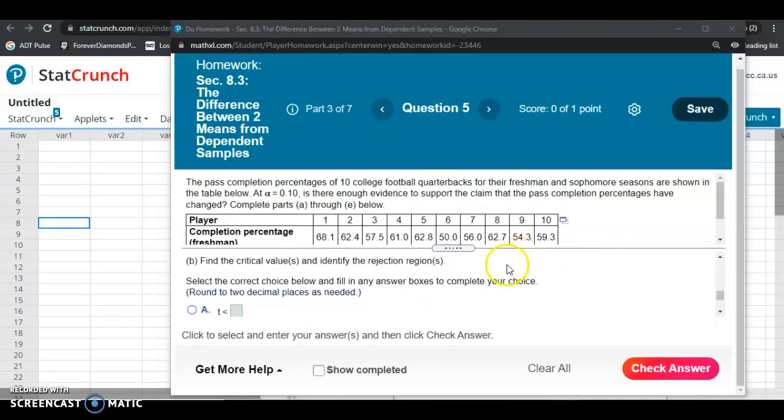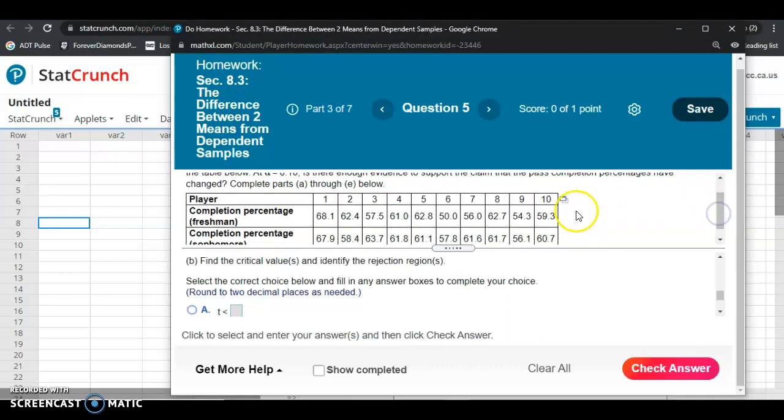Okay, so the next part is asking us to identify the critical values and the rejection regions of our test. We're going to do this in StatCrunch. Remember, to find the critical values, we need to know the level of significance, which is 0.10, and the degrees of freedom.